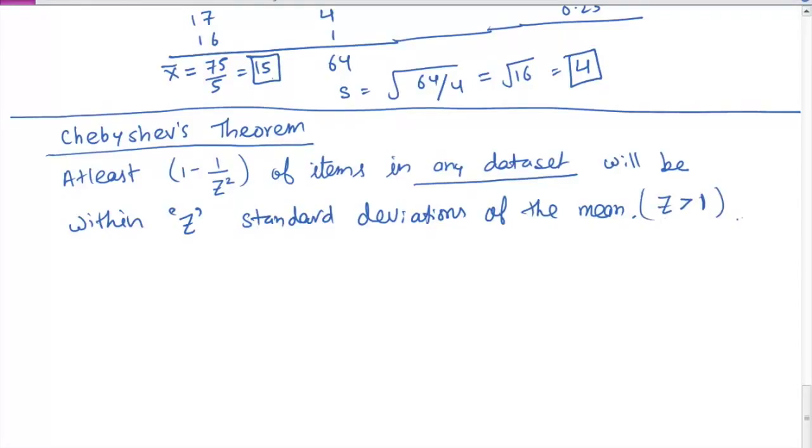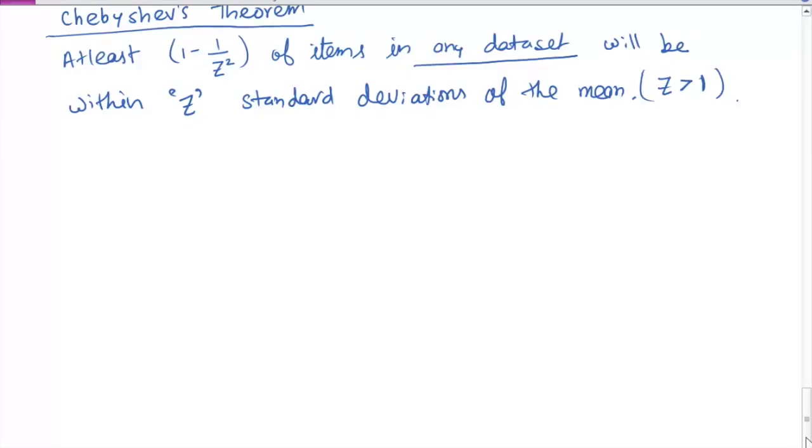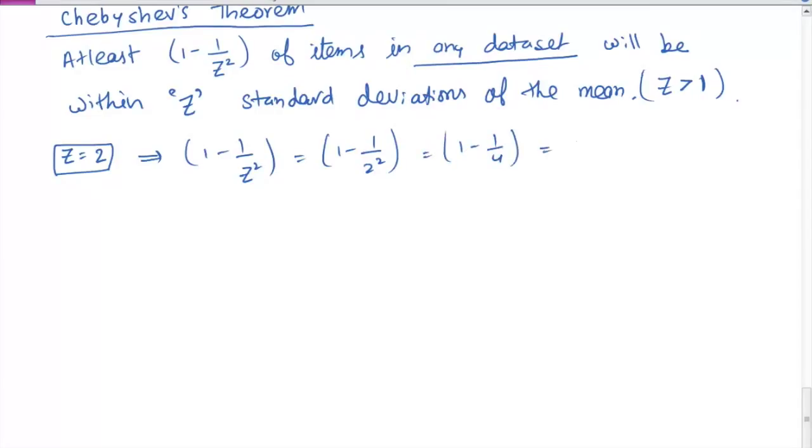So this theorem applies to any data set in the world, and let's say z equals 2. So when z is 2, 1 minus 1 by z square, you get 1 minus 1 by 2 square. So 1 minus 1 by 4, which is 3 by 4, or 75%.